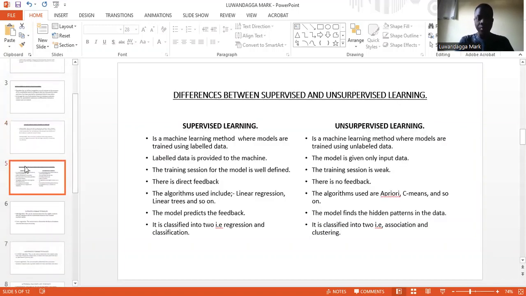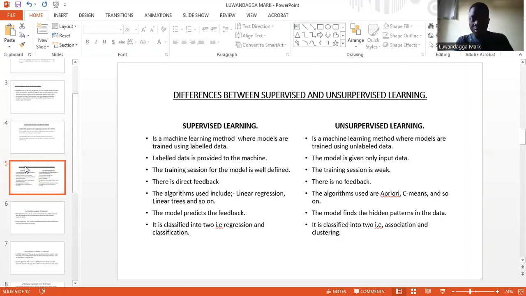Then also, I would like to take you through the differences between supervised and unsupervised learning. Supervised learning is a machine learning method where models are trained using labeled data. The machine does not learn on its own how to source for the data.